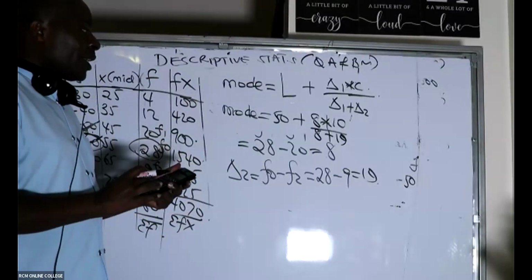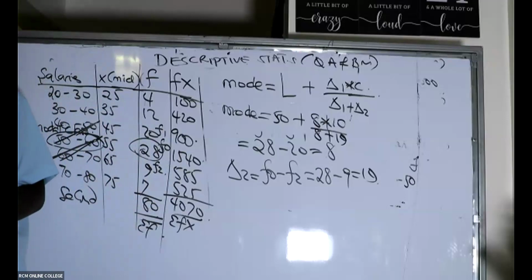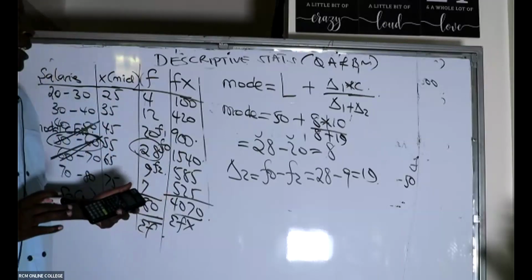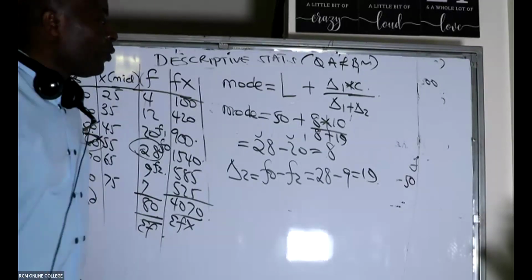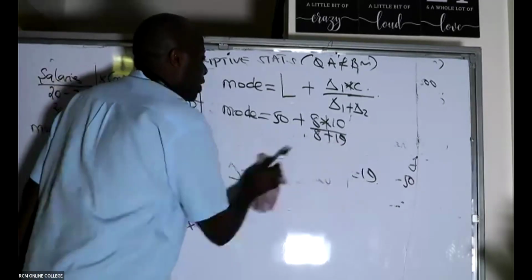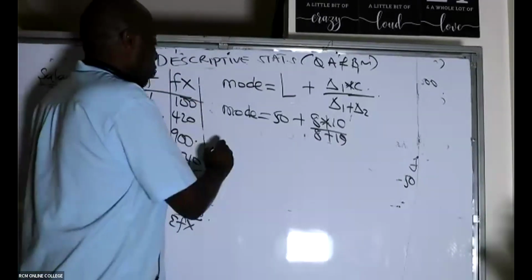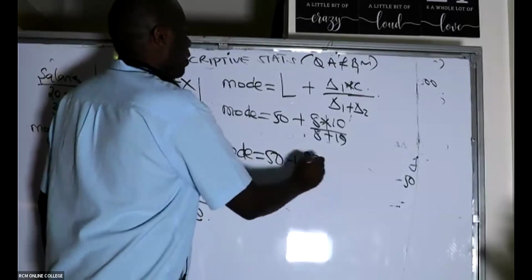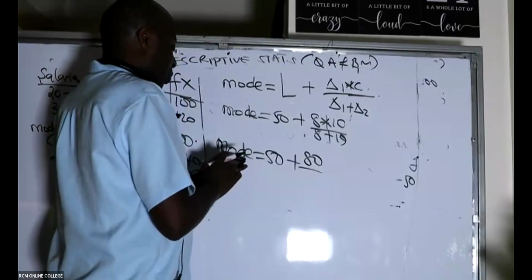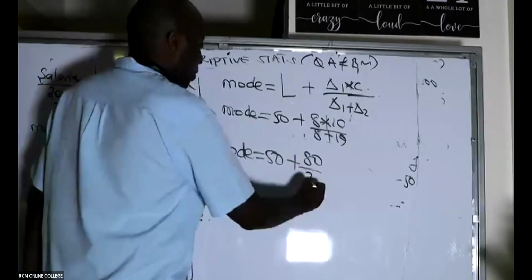Ladies and gentlemen, how will this look really? You have to be very careful. If I'm the one doing this, my mode will be equal to 50 plus 80 all over 8 plus 19. So 8 plus 19 gives me 27.